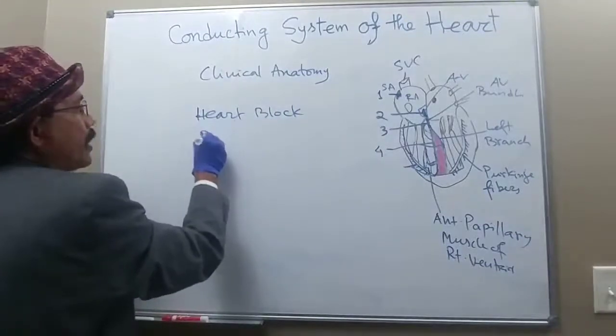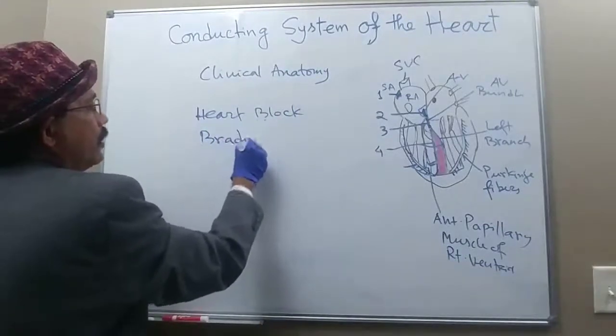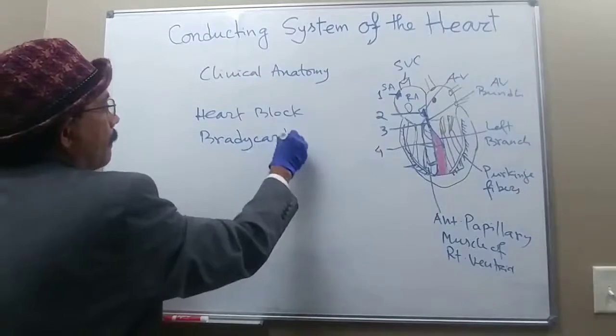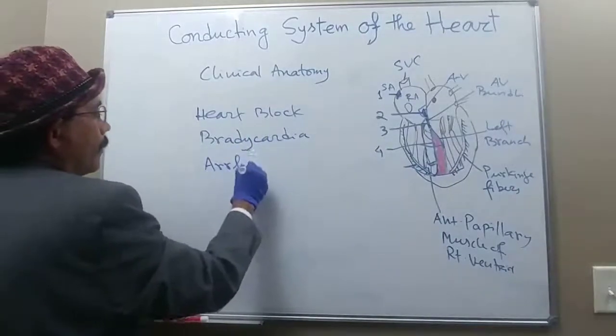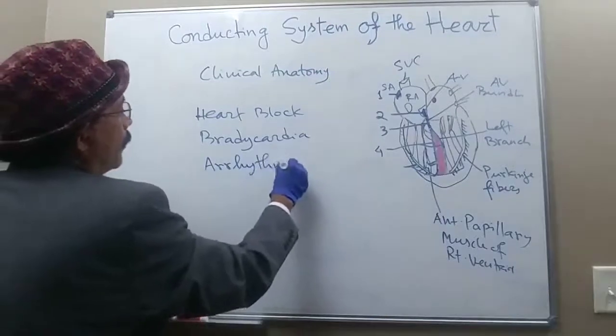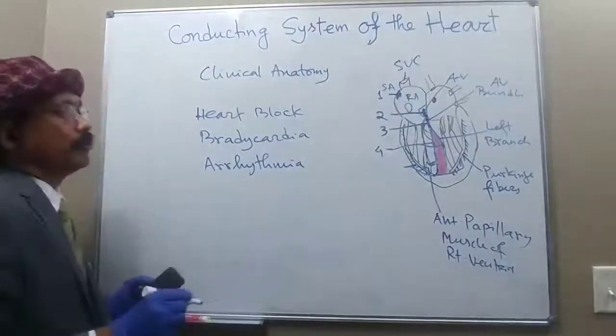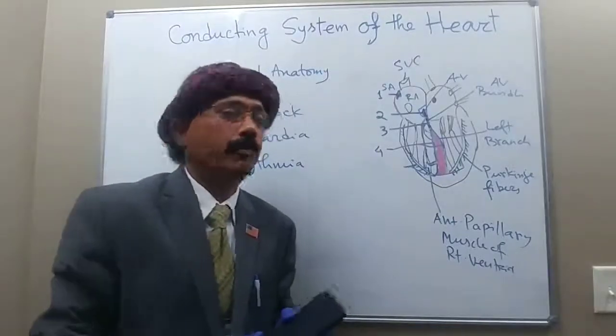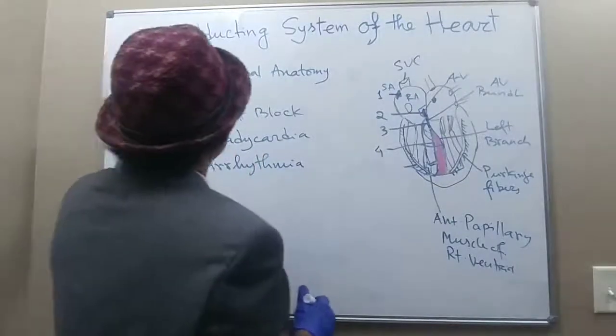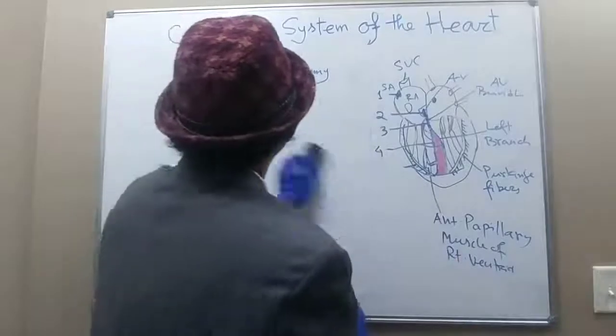We may have bradycardia or decreased heart rate, or we might have arrhythmia. Okay, these are the possible complications of the AV node. Just before finishing, we have to add one more thing.